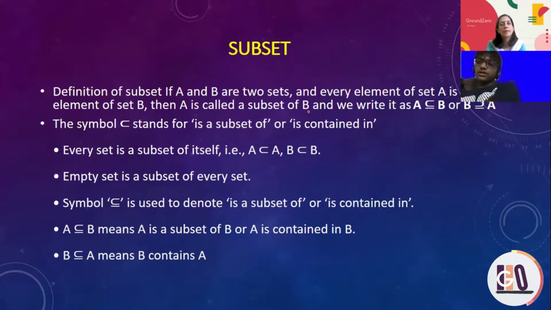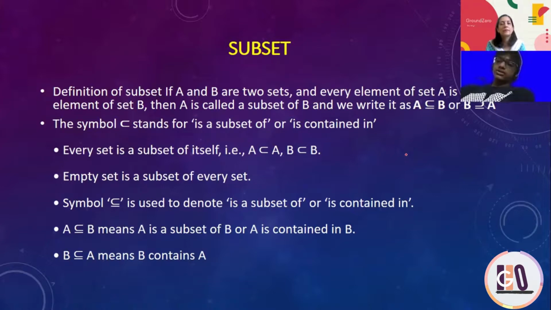That makes them equal, so both are equal sets, but you can say A is also a subset of B. A subset is denoted by this symbol, so you should be very careful. This way, A is a subset of B.